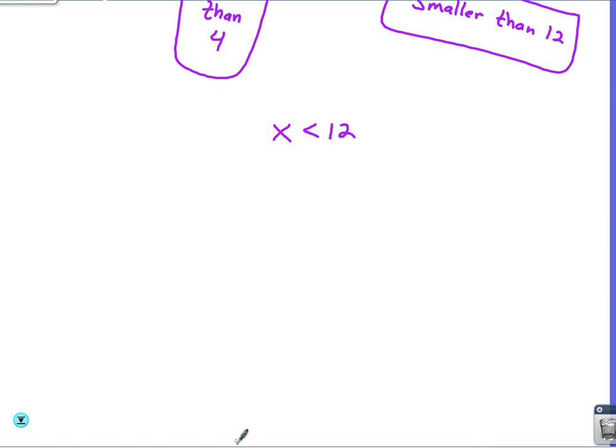X needs to be smaller than 12 and x needs to be, okay, let's look at that sign. And in all these years, teachers have lied to you. Because all these years, everybody said, oh, that's a less than sign. Guys, that's not necessarily a less than sign. It all depends on what order you read it in. If you're reading from left to right, yes, that is something is less than x.